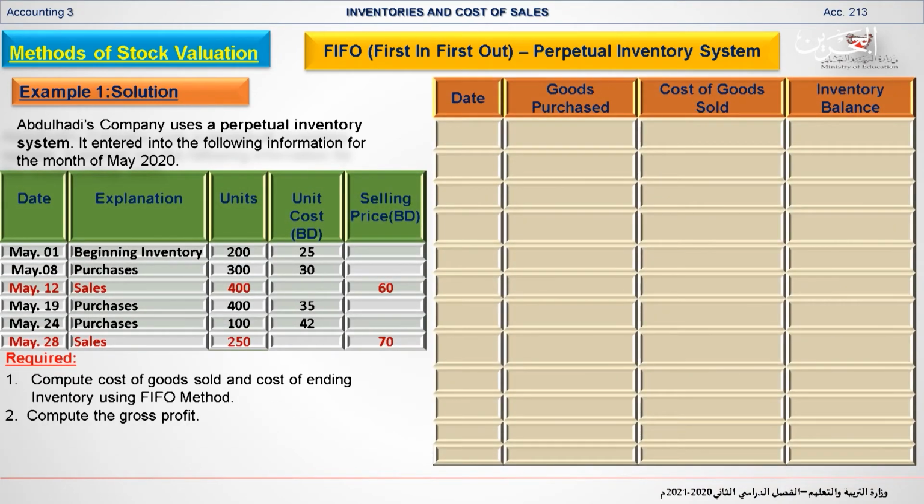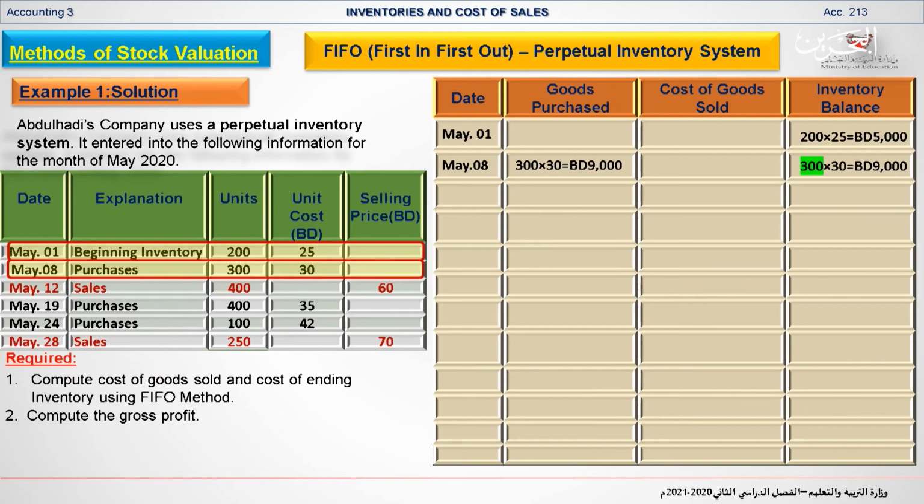First, we will calculate the cost of beginning inventory by multiplying number of units by the unit cost, that is 200 multiplied by 25 equals 5000 BD. The same goes for the cost of inventory purchased on 8th of May.